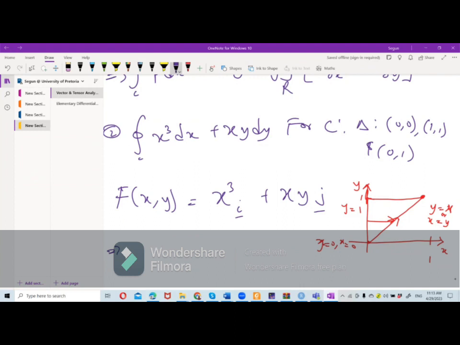But now let's continue based on the information we have. We can now go ahead and integrate this. If you want to integrate this, what do you have?